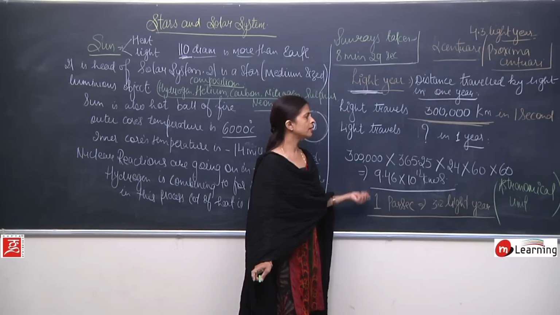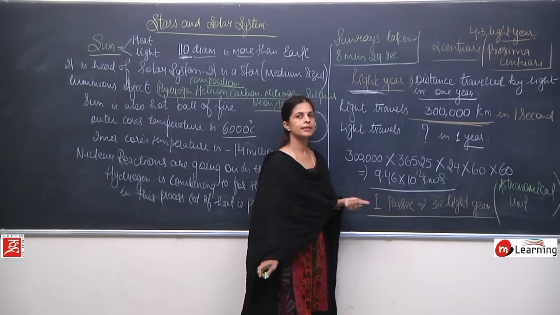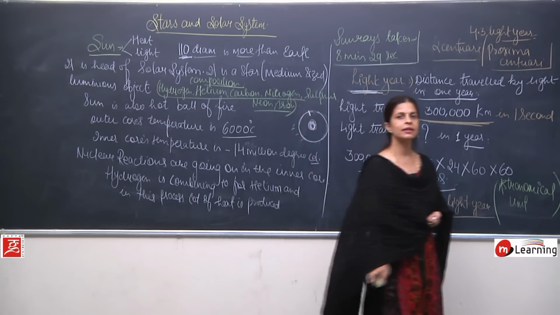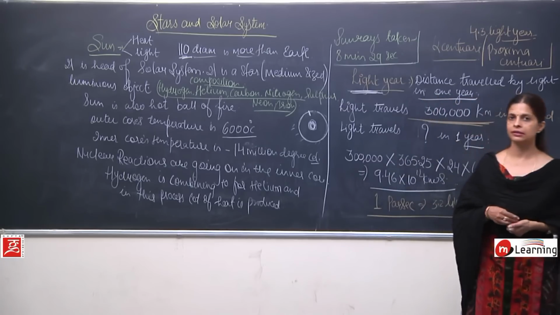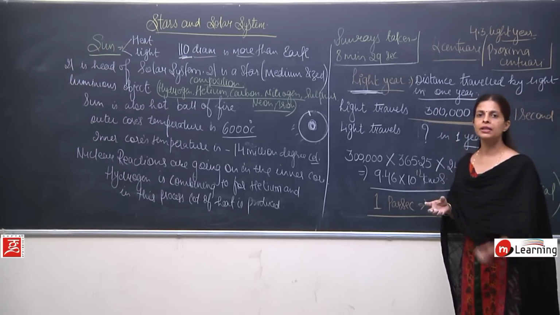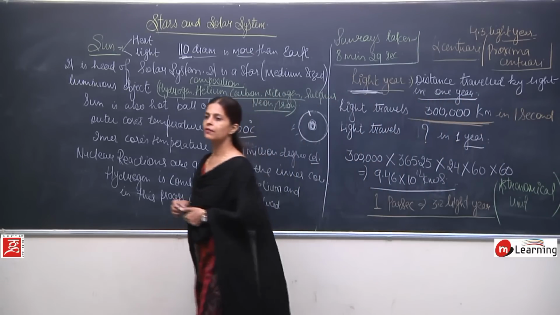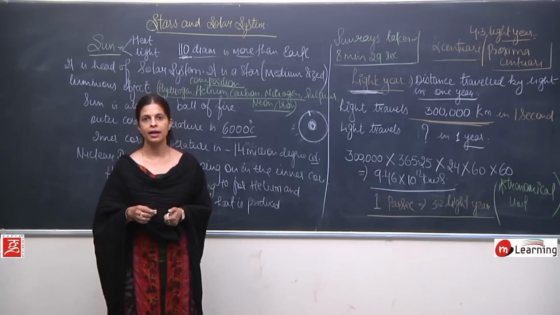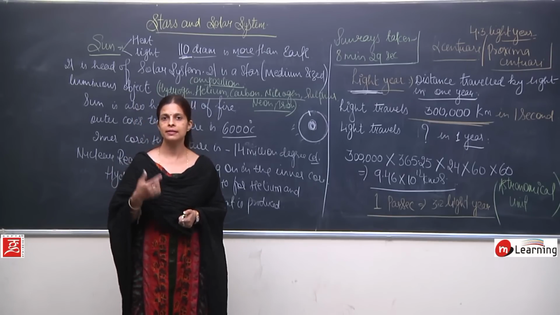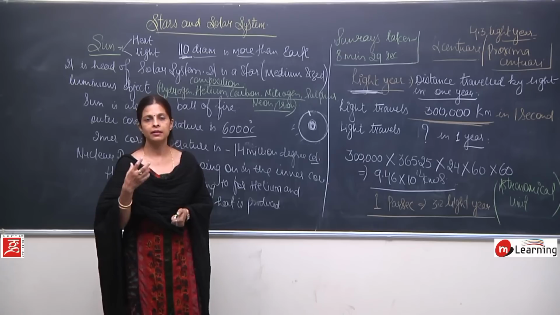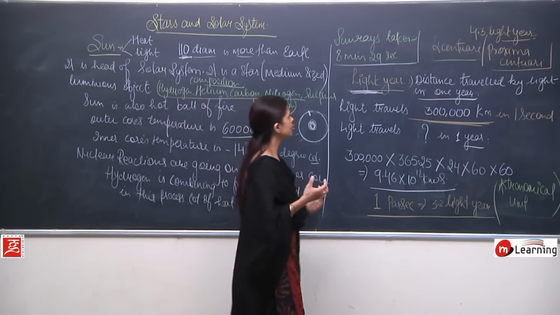So we can see over here how fast the sun rays reach the surface of the earth, and why we need to calculate all these distances in light years. As we have discussed, the distances are very high, so we calculate them in light years. What is a light year?